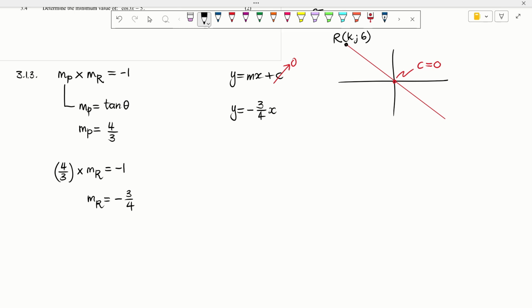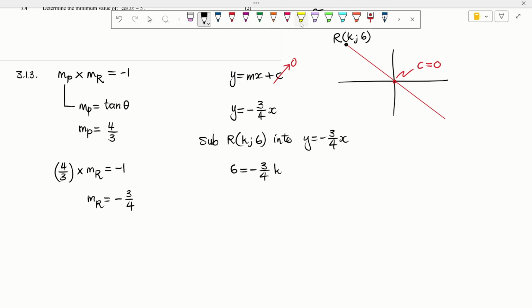So if I substitute that r coordinate, let me write it for you. Substitute r is k and 6 into y equal to negative 3/4 x. Then I'm going to have 6 for y, negative 3/4 multiplied by k for x.